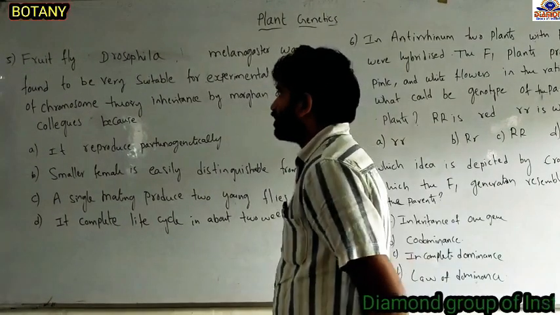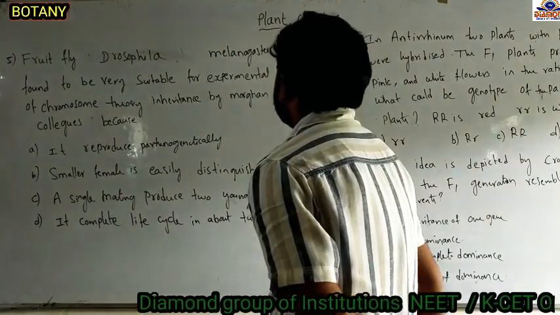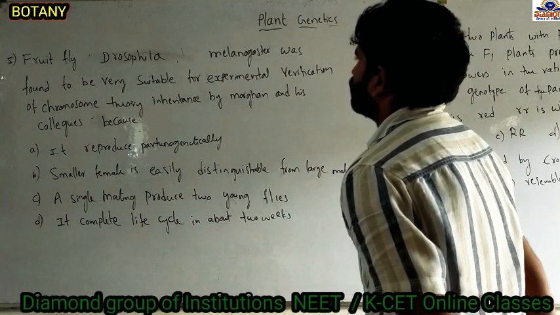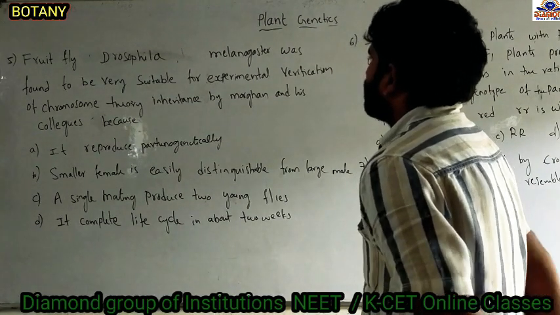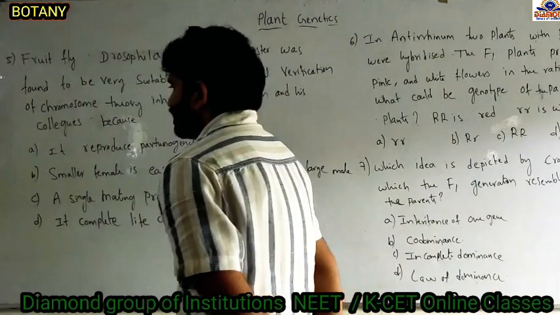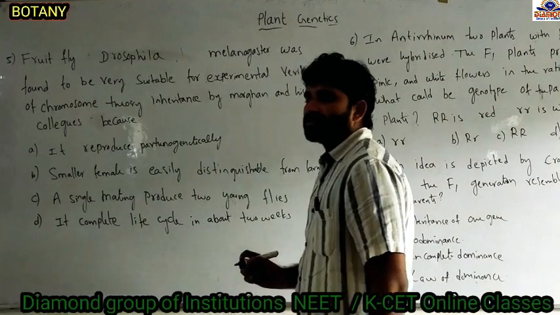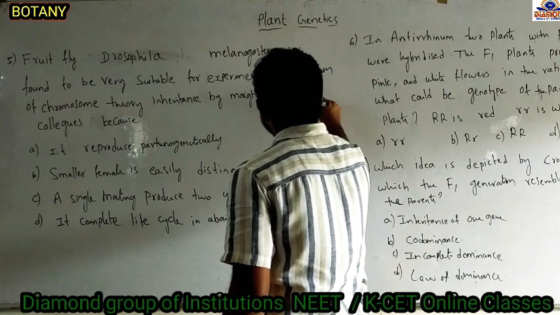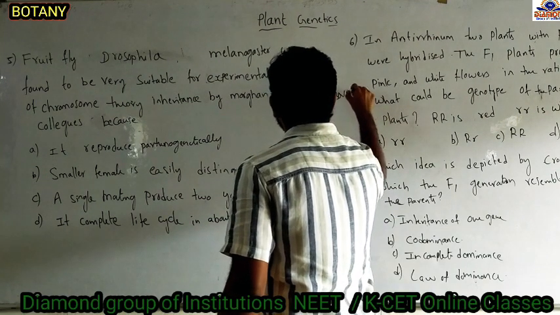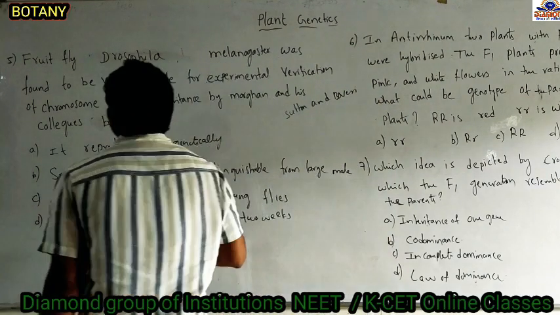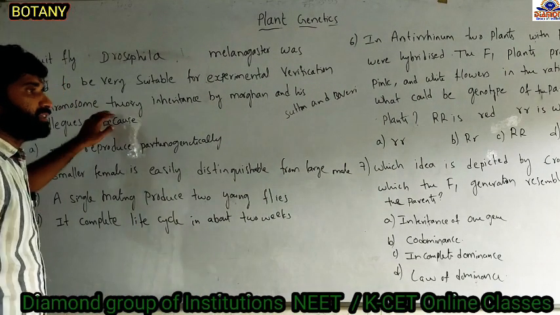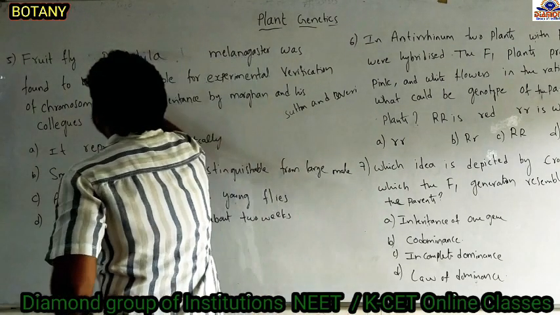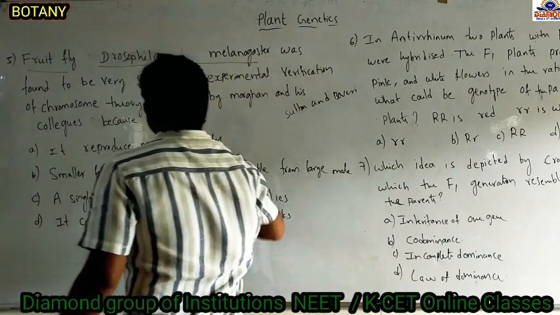Next question. The fruit fly Drosophila melanogaster was found to be very suitable for experimental verification of the chromosome theory of inheritance by Morgan and his colleagues. Now, the chromosomal theory of inheritance was proposed by Sutton and Boveri. And for the experimental proof of this chromosomal theory of inheritance, T.H. Morgan did the experiment on the fruit fly, Drosophila melanogaster.